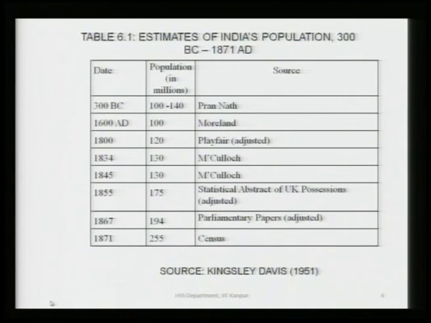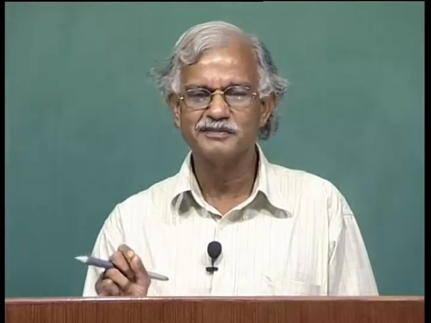If in 300 BC the population of India was 100 million, I can believe that the population of India in 3000 BC must have been around 30 or 40 million.